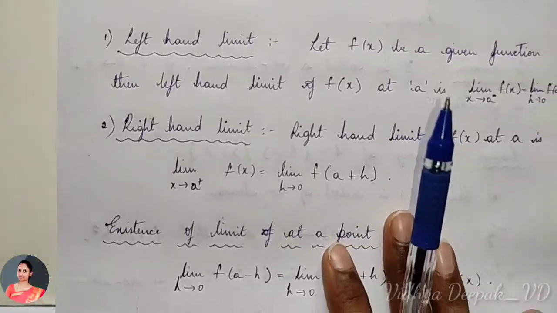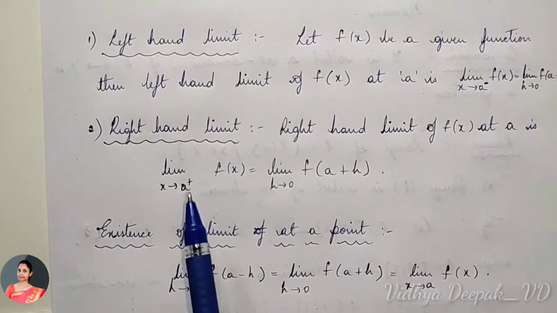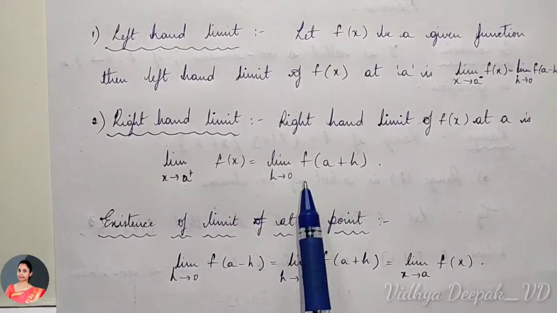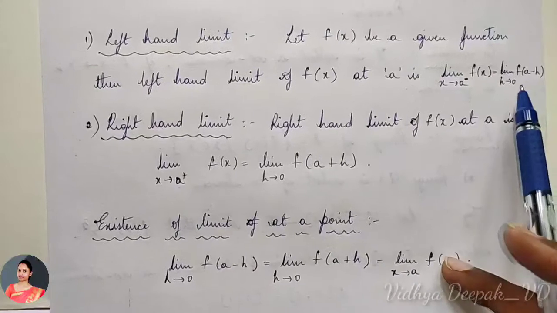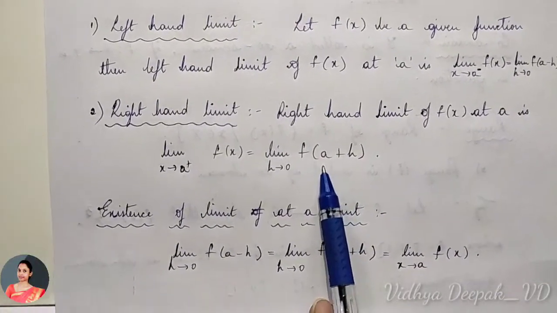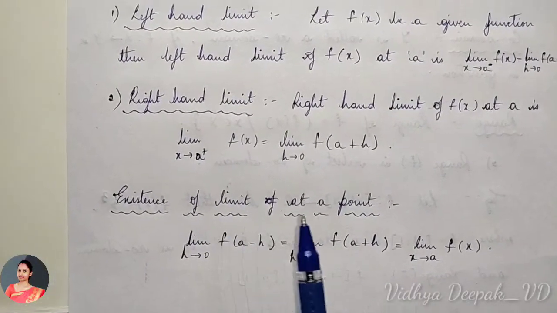We have the right hand limit. The right hand limit of f of x at a is limit x tends to a plus of f of x, which is equal to limit h tends to 0 of f of a plus h. Here f of a minus h, here f of a plus h. So what is the existence of a limit at a point?